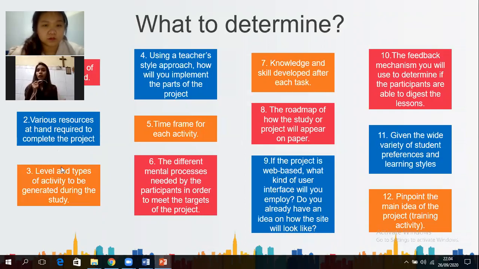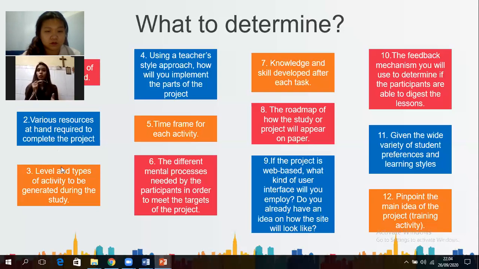The second one is various resources that are required to complete the project. So this is the resources of your teaching. The third one is the level and types of activity to be generated during the studies. So what level is the material that you're going to teach to your students, and what types of activity are you going to make your students do.